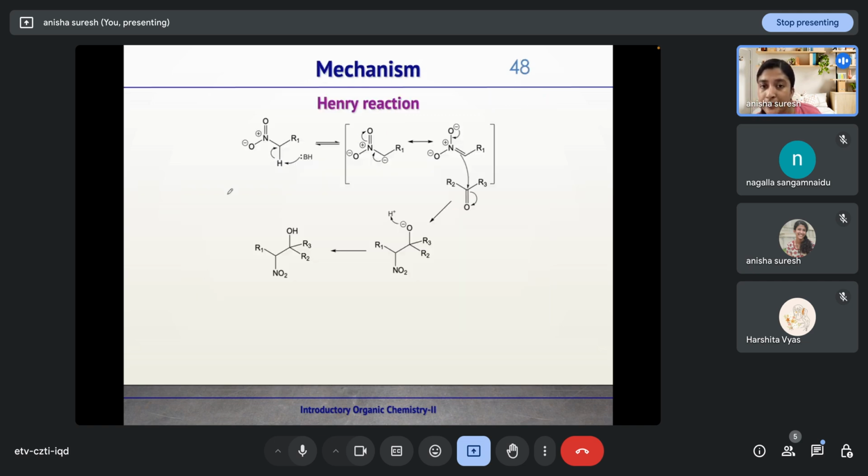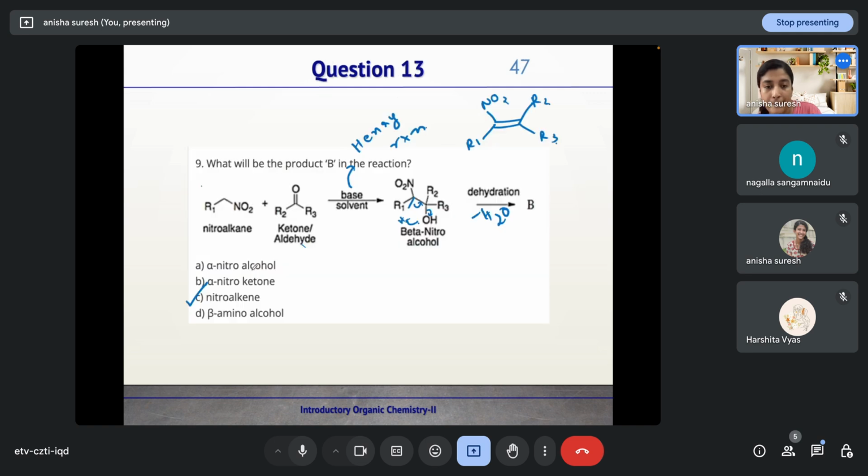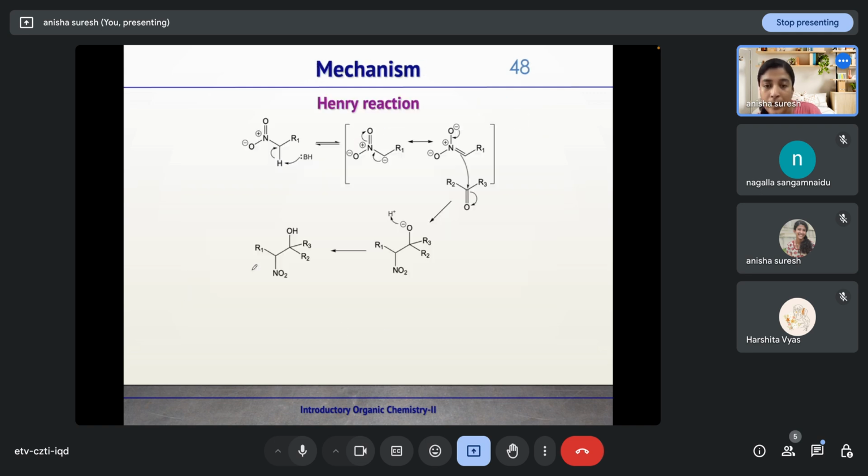So this is the mechanism for the Henry reaction. The base will abstract this alpha proton, alpha to the nitro group, which will be more acidic, leading to formation of this intermediate. This will attack the ketone or aldehyde, leading to formation of this beta nitroalcohol.